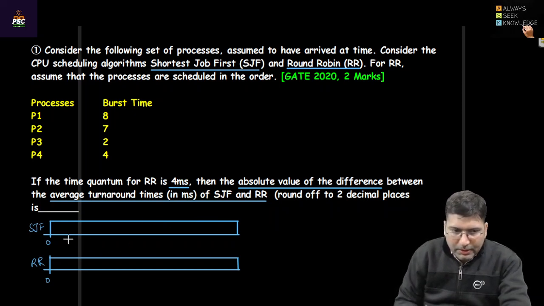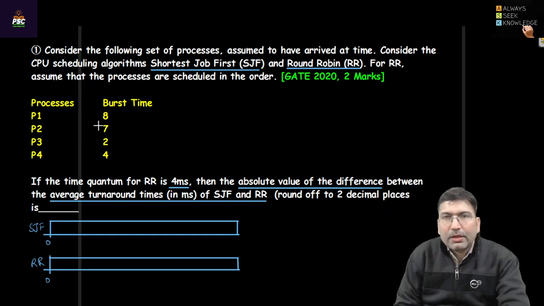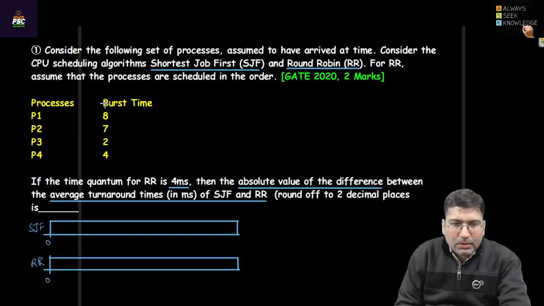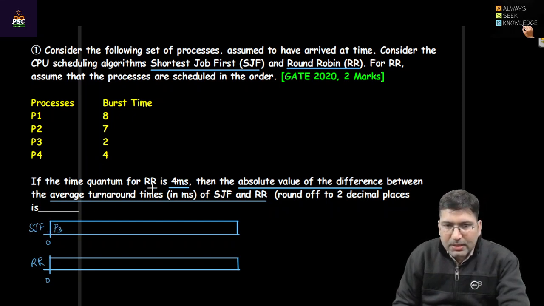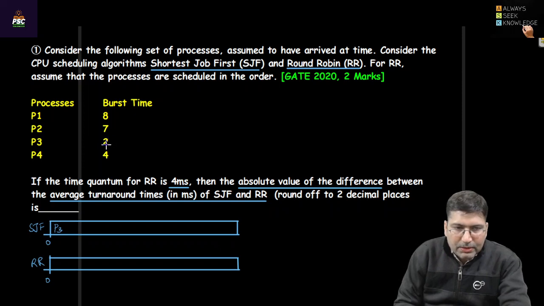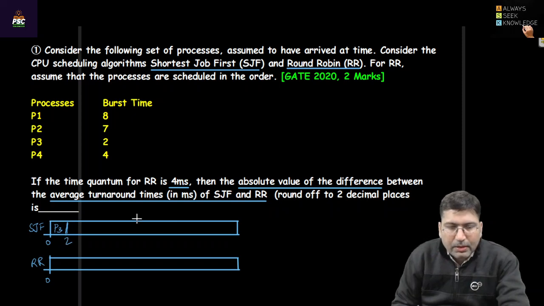When all the processes have already arrived in the ready queue, then we can schedule P3 first. If you are applying SJF, P3 will consume 2 units of time and it will terminate. So this is 2 here and P3 has been terminated.